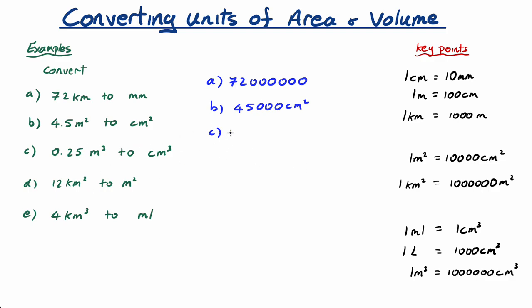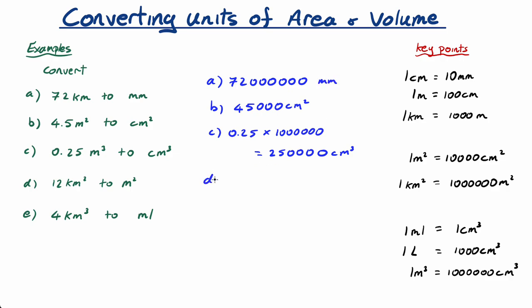Again, I said there's 1,000,000, so it's 0.25 times 1,000,000, which is 250,000 centimeters cubed.